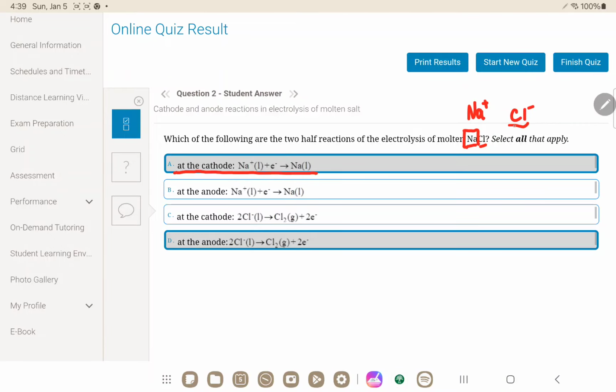Cl- is going to get oxidized at the anode. Here we don't really need to know, because they're just asking which you're going to find at the cathode or the anode. But it's good to know that if it's reduction, the electrons are in the reactants, and if it's oxidation, they're in the products.